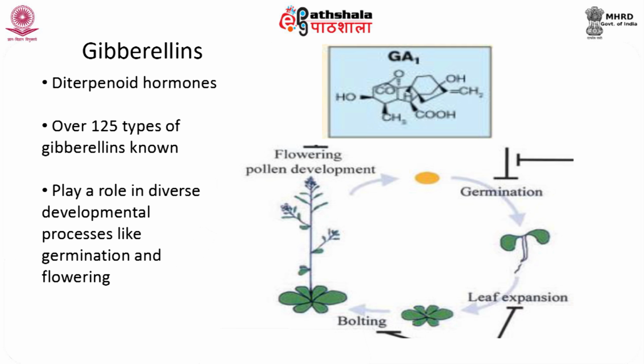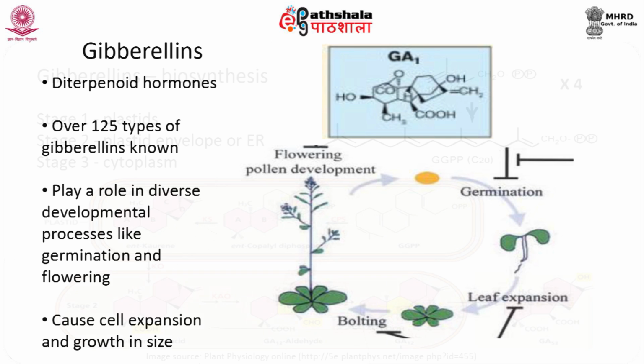At the cellular level, gibberellins bring about an increase in cell size and have an important application in horticulture as chemicals that cause enlargement of leaves, flowers and fruits. Let us see how gibberellins are made by plants and how they act at the molecular level.